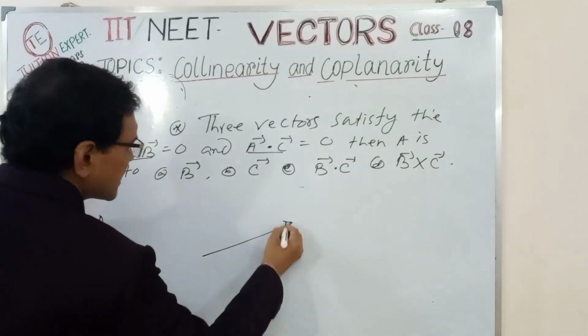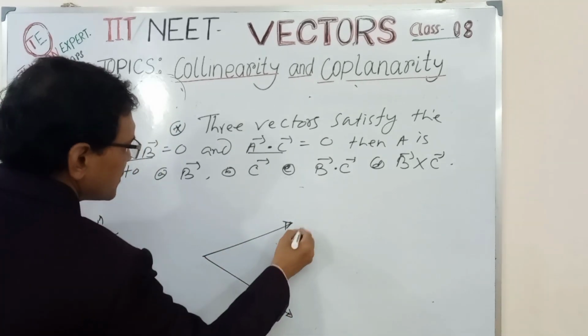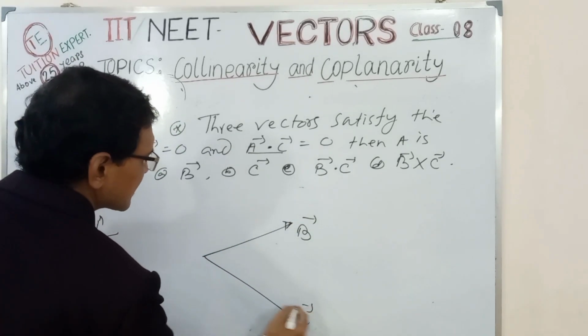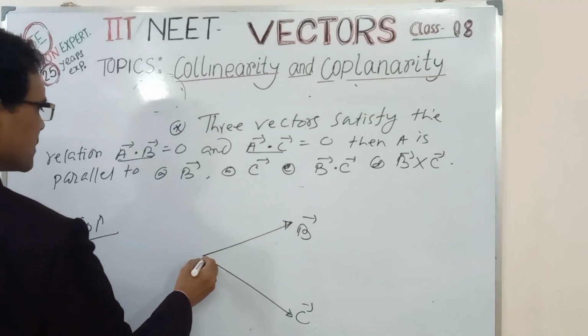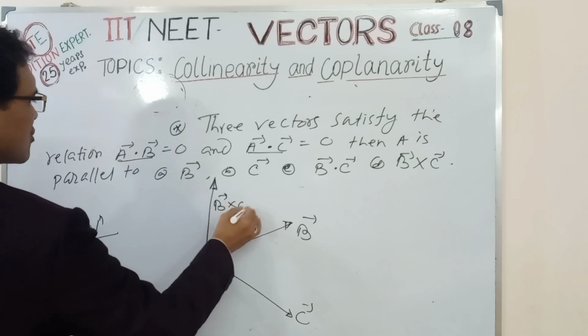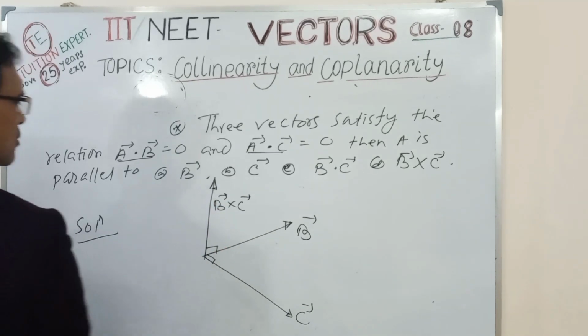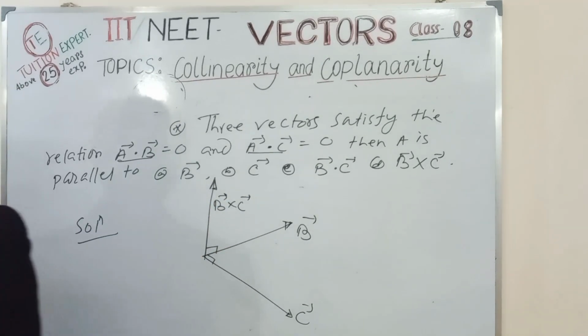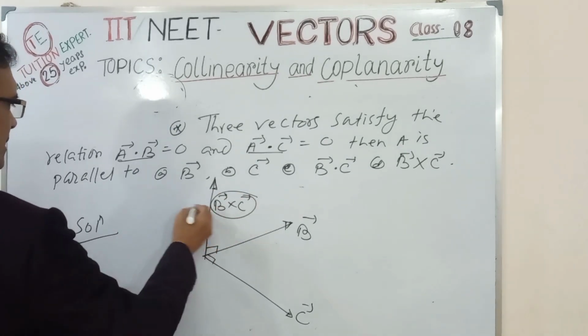So we can construct B and C in the same plane, and B cross C is perpendicular to both B and C. Suppose this is the A vector.